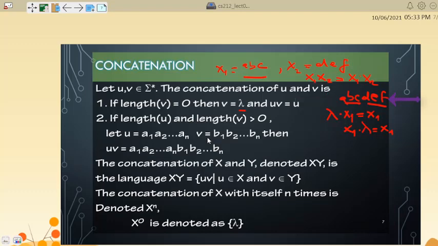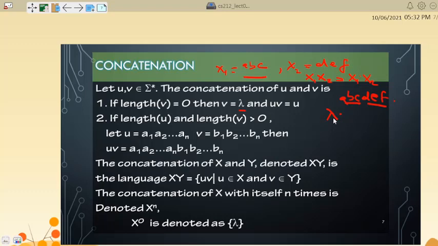Say that u and v are strings in sigma star. The definition of concatenation of u and v: if the length of v equals 0, that means v is lambda, then u concat v equals u.